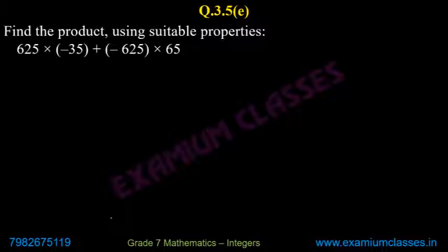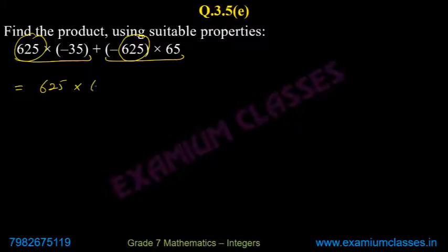Siddhi, correct. Okay. Now I told you that if it is a multiplication sign, it is just one term. These are not two terms. This is one term separated by plus or minus. Now in these two terms, I see 625 is common. So I can write it as 625 into minus 35 plus 625 into minus 65.